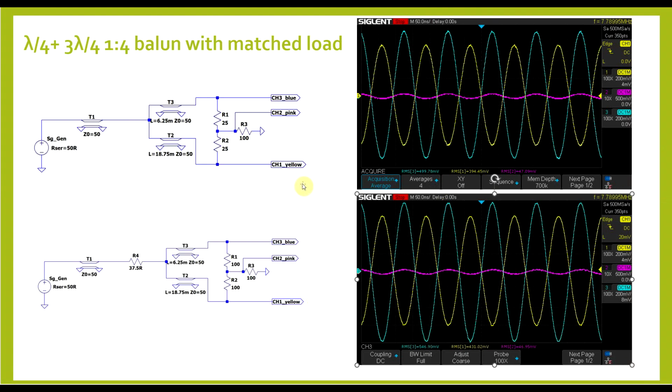And well, in practice, if we put side by side the two measurement results, so our initial one with the 50 ohm termination and then the new one with 200 ohms with the extra 37 ohms series, well, we have the same imbalance. It's just that since the currents are slightly smaller in our second circuit, the losses are also smaller.